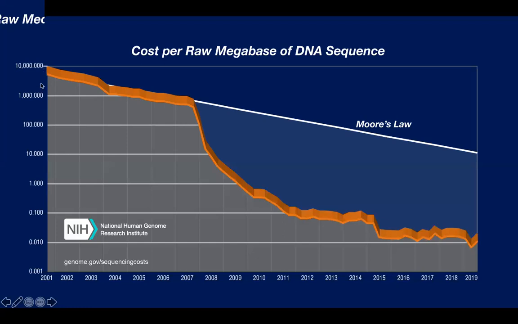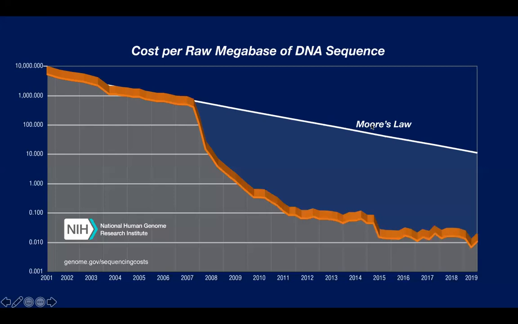So I started my PhD in the year 2000, and it cost quite a bit of money to sequence DNA back then, although the costs had already gone down quite a bit. And then over the next 7 years, sequencing costs actually went down. And remember, this is a log scale, so a linear decline means an exponential decrease in costs.